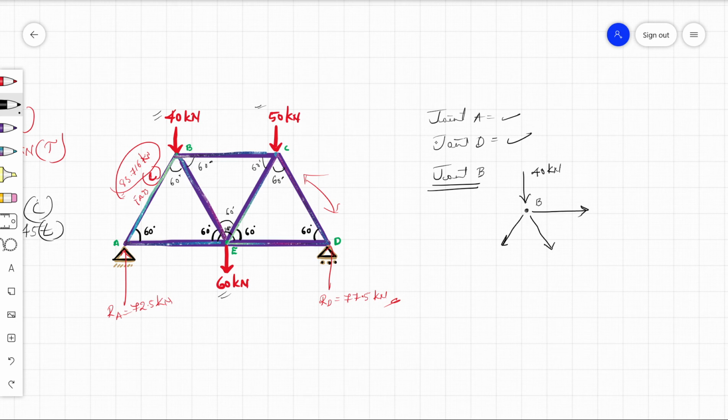So three members, that is FBC, FAB, and what was the other one? That is FBE. Okay. The angles it is making are 60 degree as well as 60 degree.